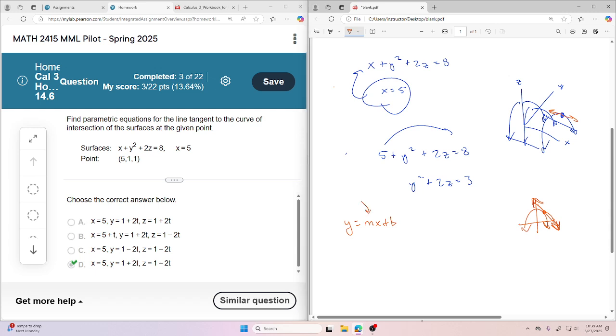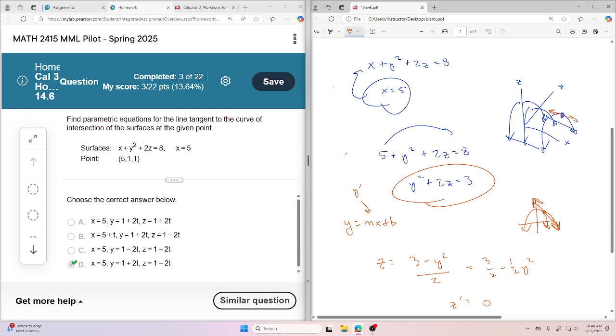I know that my slope would be y prime essentially, or just derivative. What I have here is a 2D version. It's kind of like already done. My z's always have a line, okay? Or to make a better and easier derivative, I could do this. So z prime, 0, and this 2 comes down. I just get this.